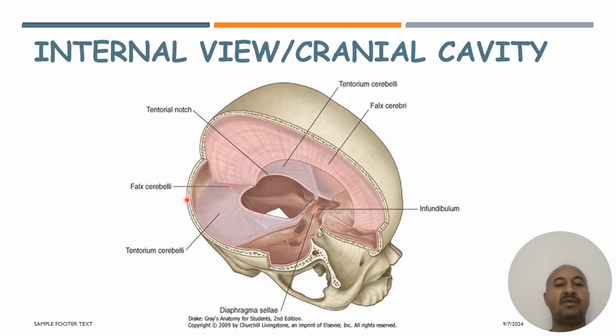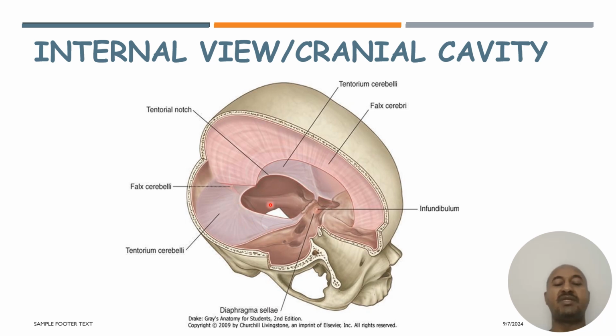And the base, we'll study the base in detail through this lecture, but I would like to have a closer look at the structures that are found inside the cranial cavity. Here mainly we have the brain with the different brain lobes.